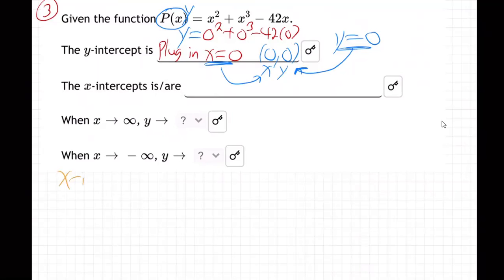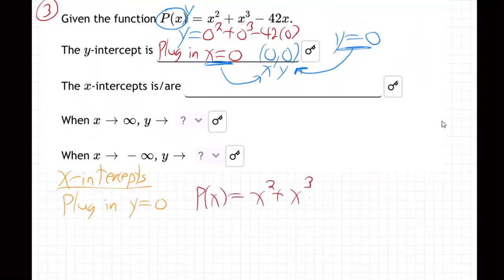To find the x-intercepts, we're going to plug in y as 0. Plug in y as 0. So I take the equation that they gave me, that p of x equals x squared plus x cubed minus 42x.